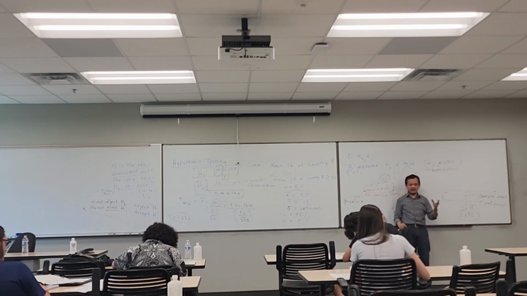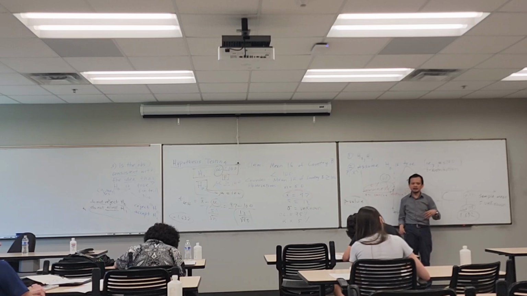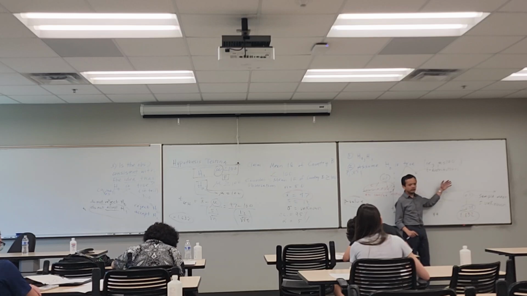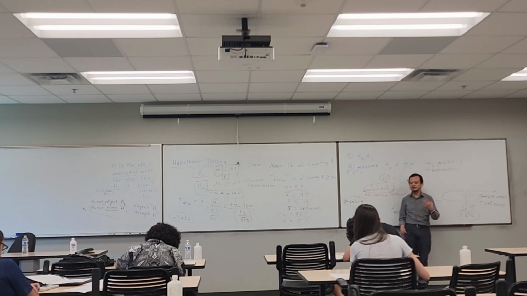In fact, you're going to get a very approximate answer. Because of that, on a test, I'm not going to ask you to find the p-value using the t-score table. Only in the case of the z-score table will I ask you to find p-values. But on the homework, it might ask you to use technology to find the p-value in this case.